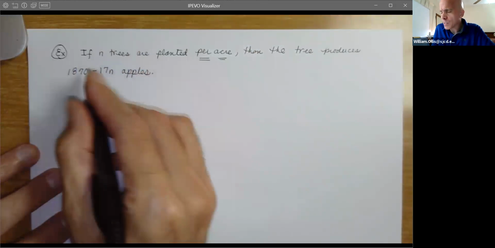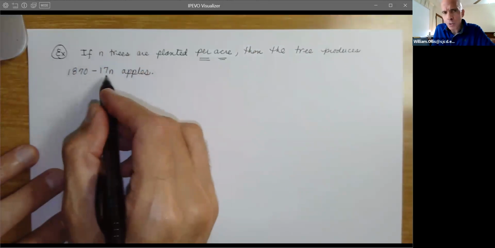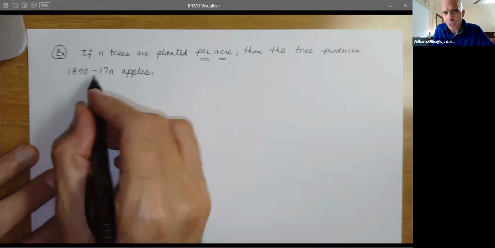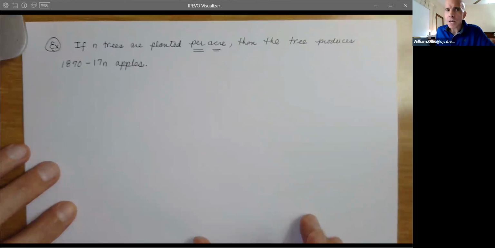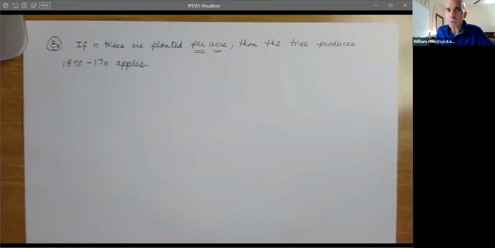So you look at this and say, well, okay, if N's too big, then it starts to drop off. So the idea here is we want to be able to work this problem, hopefully as a quadratic. Maybe it will turn out that the quadratic function is what ensues here.